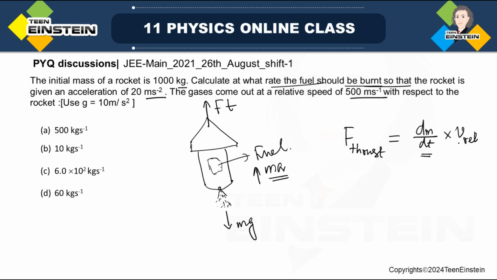Relative velocity is given, this one is 500 meter per second, and the acceleration is given. The rocket has initial mass 1000.